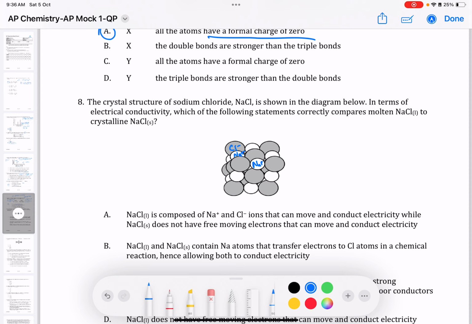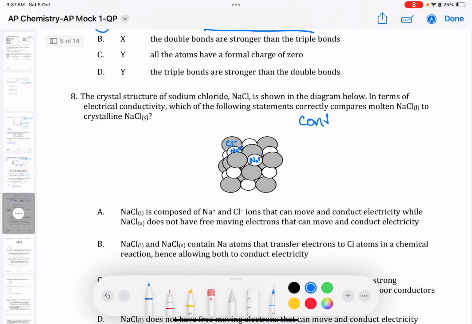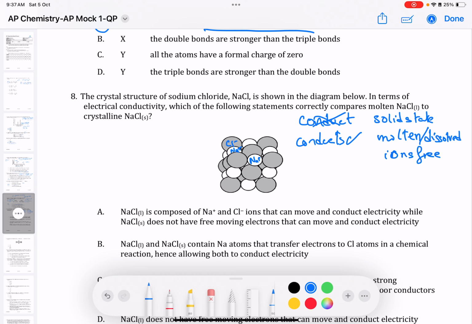In terms of electrical conductivity, an ionic salt cannot conduct electricity in the solid state, but it conducts electricity when molten or dissolved, because at that point the ions are free. Right now, being in this crystal lattice, ions are not free. They cannot move. They are held by the strong electrostatic forces between Na plus and Cl minus.